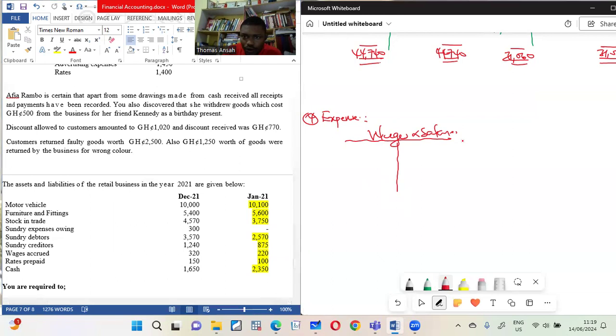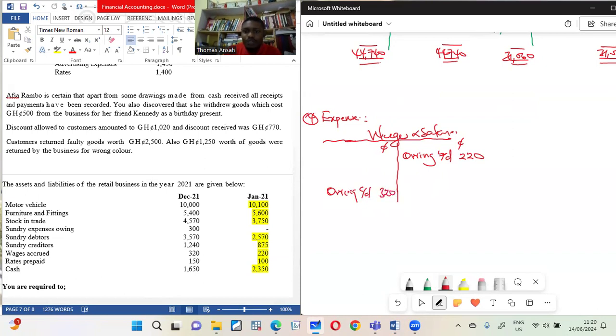So remember what we learned in part 2 of incomplete records. Owings brought down. This expense, so owings brought down, because the owings makes it a liability, so it's at the credit side. Owings brought down is 220. Right there we have owings carried down, which is 320, right?